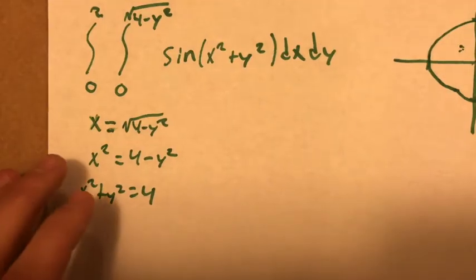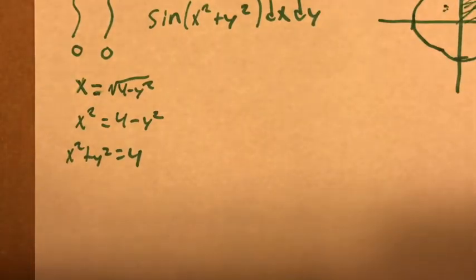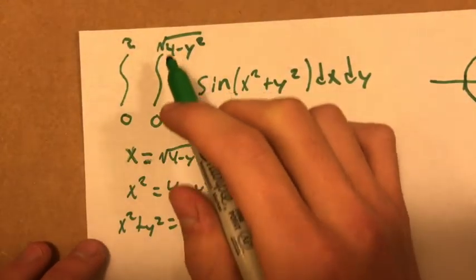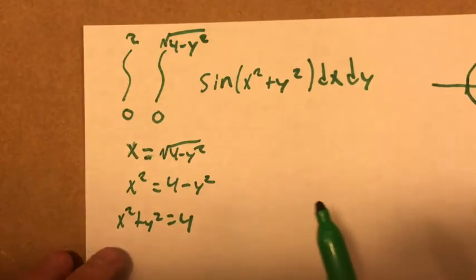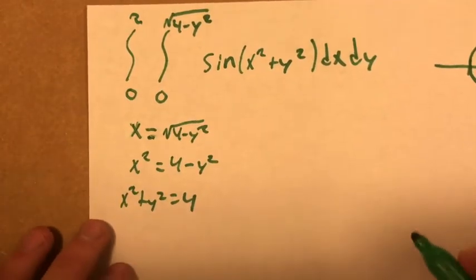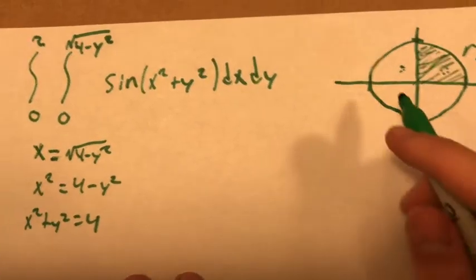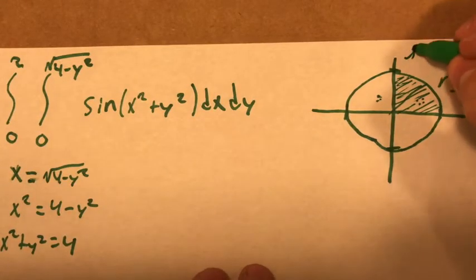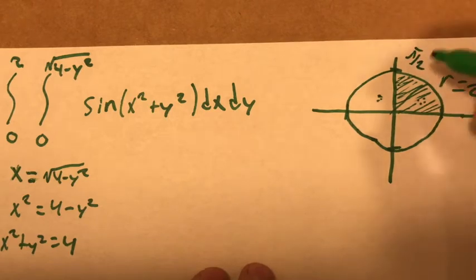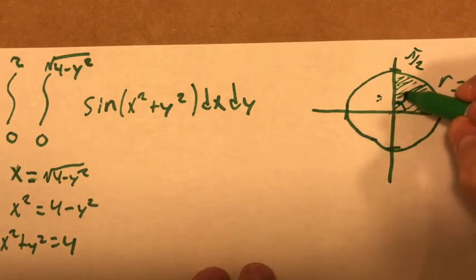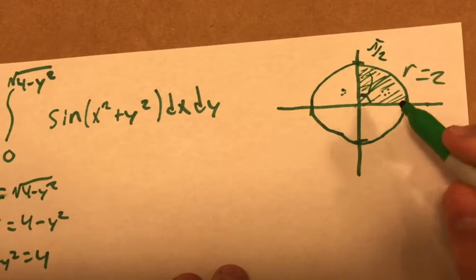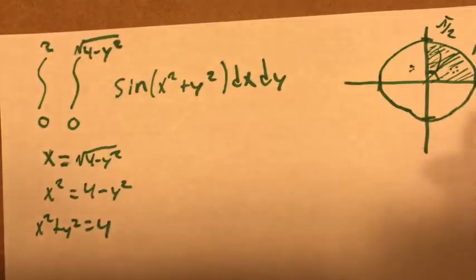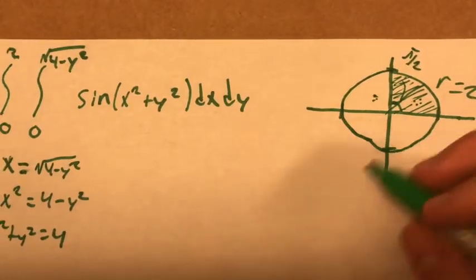Let's convert this to polar coordinates to make the problem easier to solve. We're going to treat the x bounds as r bounds and y bounds as theta bounds. So when we look here, we're going to see that theta is equal to pi over 2, and r is obviously equal to 2 wherever we go, and its lowest value is 0.